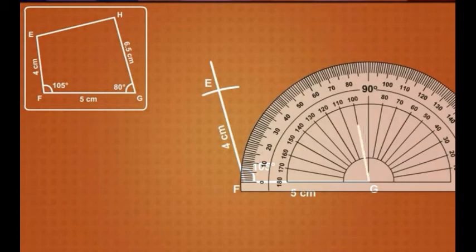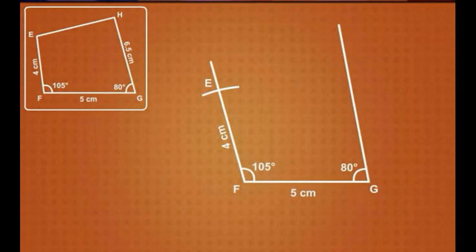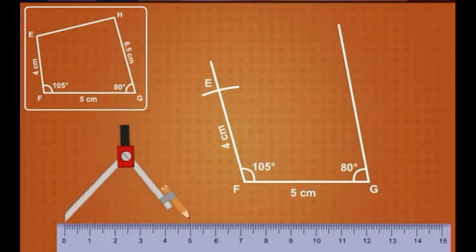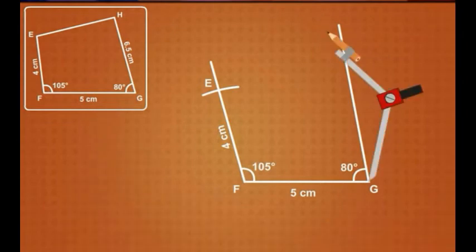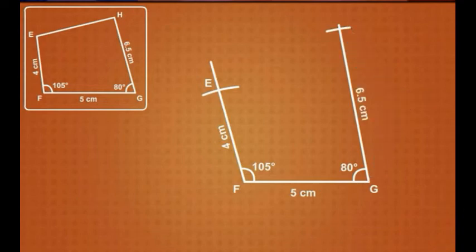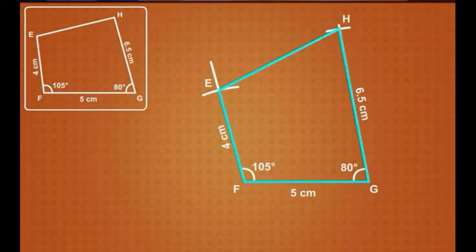Now at G, draw an angle of 80 degree again by using protractor. Now from G, cut an arc of 6.5 cm intersecting the given angle at H, and then we have to join EH. EFGH is the required quadrilateral which we have drawn.